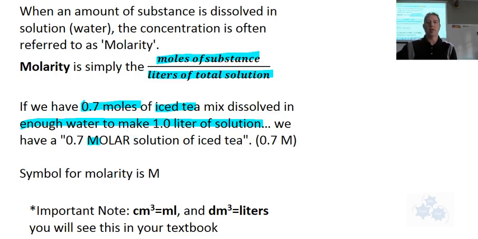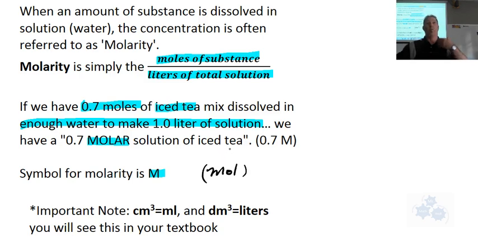So the descriptor here is molar. That means we're talking about molarity. The symbol is M, capital M, for molar. Now, don't get it confused with mol. That's moles, right? 0.7 moles is different than 0.7 molar. 0.7 moles is just an amount. 0.7 molar would be the description for the concentration.